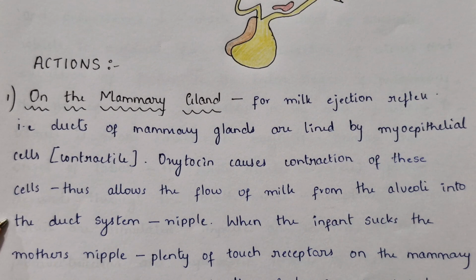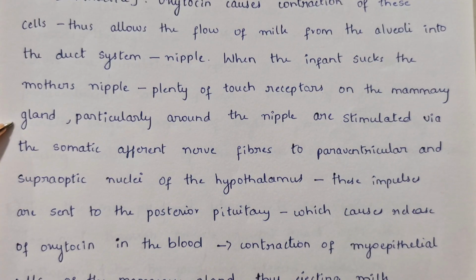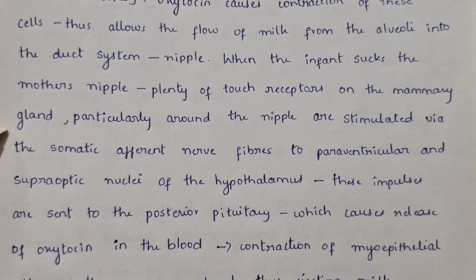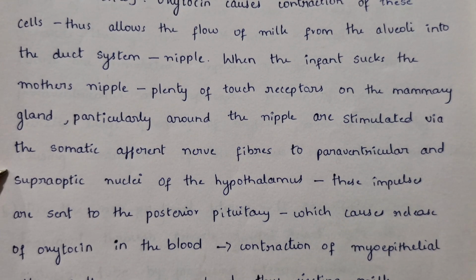When the infant sucks the mother's nipple, plenty of touch receptors on the mammary gland, particularly around the nipple, are stimulated. Via the somatic afferent nerve fibers, impulses go to the paraventricular and the supraoptic nuclei of the hypothalamus.